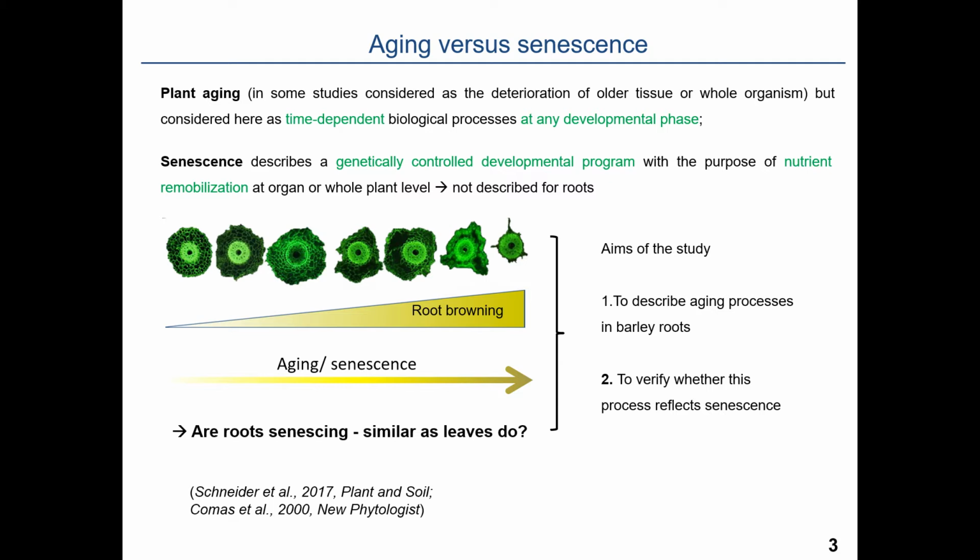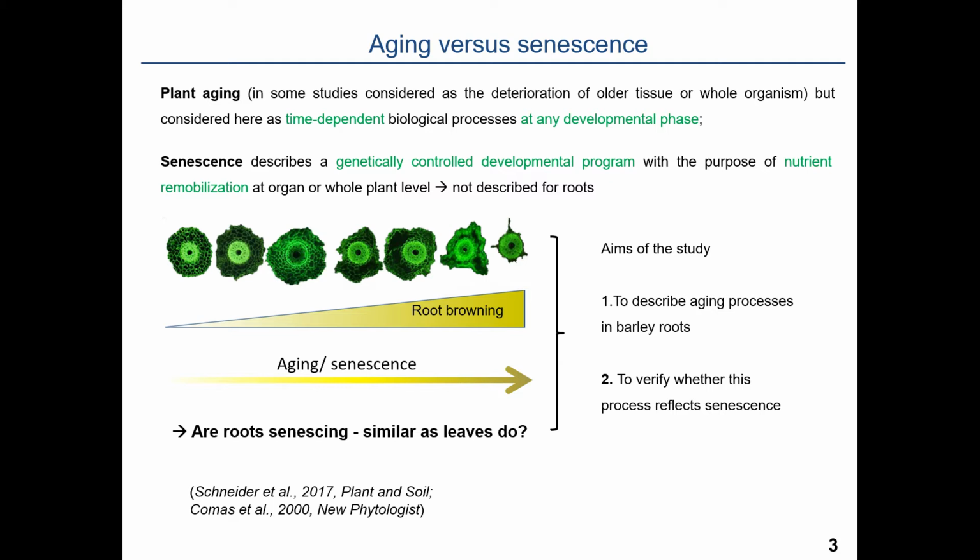While I define senescence in this way, also from literature: it describes a genetically controlled developmental program with the purpose of nutrient remobilization at organ or whole plant level. And it is not well described in roots.